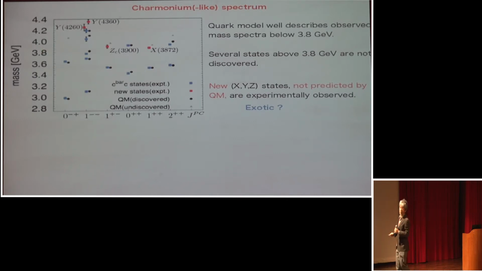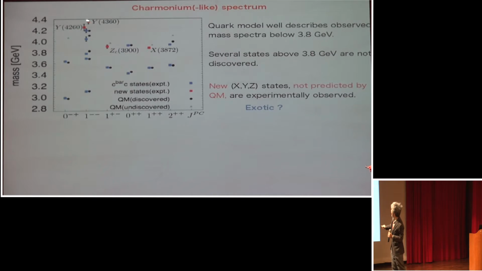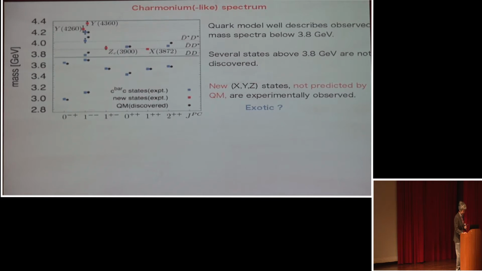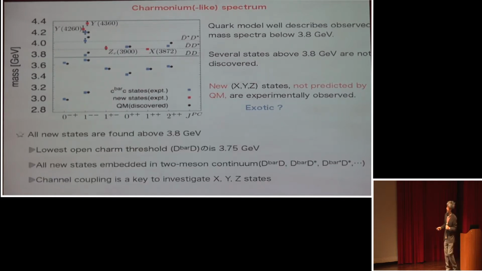Instead, some new states that people call X, Y, Z, not predicted by the quark model, are experimentally observed, like Y here, the red one, or Zc(3900), or X. So people may say these might be exotic states. But the important point is that all new states are found above 3.8 GeV, and the lowest open charm threshold is D D-bar, sorry, 3.75 GeV.